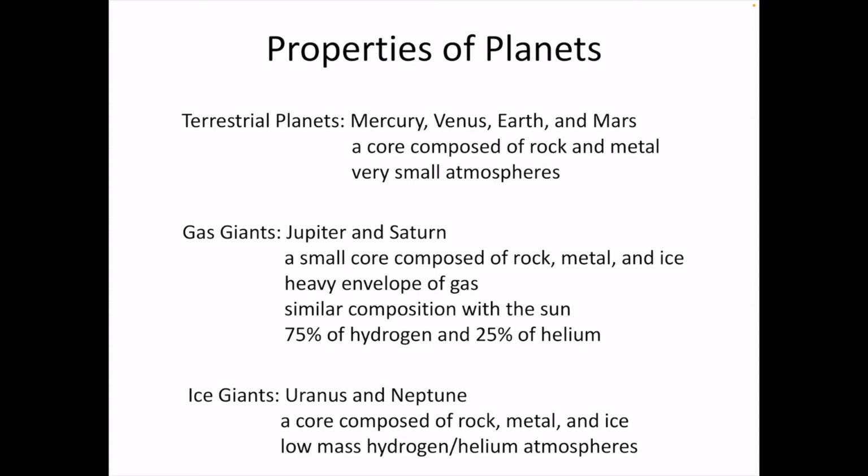Properties of planets. Terrestrial planets: four planets, Mercury, Venus, Earth, and Mars. All the terrestrial planets have a core composed of rock and metals. The metal is an iron-nickel alloy. Terrestrial planets have very small atmospheres. The main composition of the atmosphere of the Earth is nitrogen molecules, as you know. And the main composition of the Venus atmosphere is carbon dioxide.